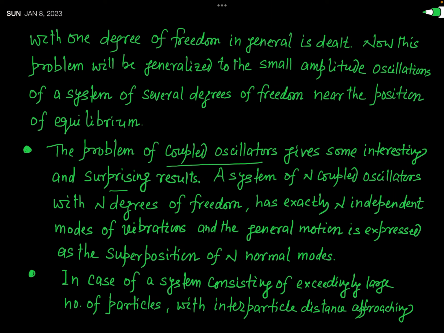If you consider a system of n coupled oscillators with n degrees of freedom, then you will find that there will be exactly n independent modes of vibration, or n independent normal modes of vibration, and the general motion will be just the superposition of n normal modes.